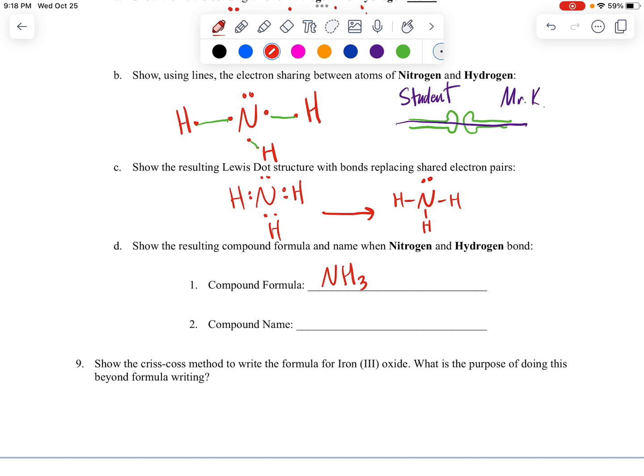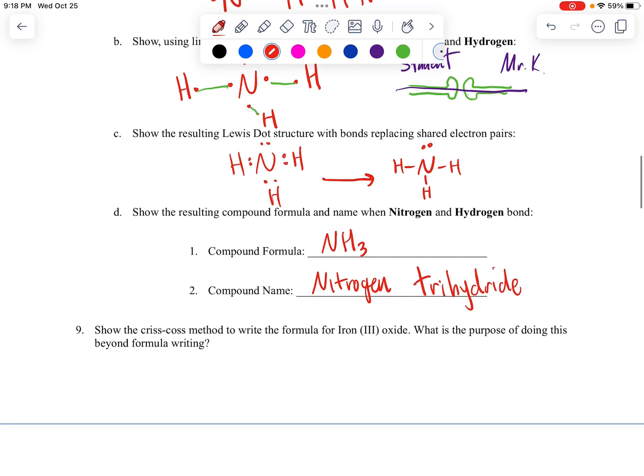No need for that, right? So it's simply nitrogen. What's the prefix for 3? Tri, and hydride. Okay, that's all you have to do.